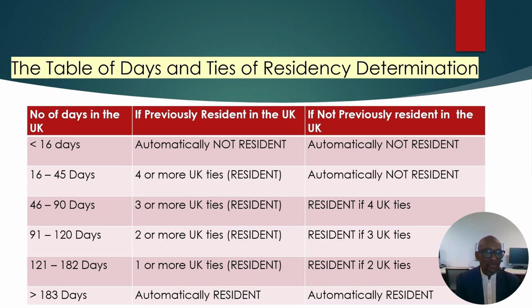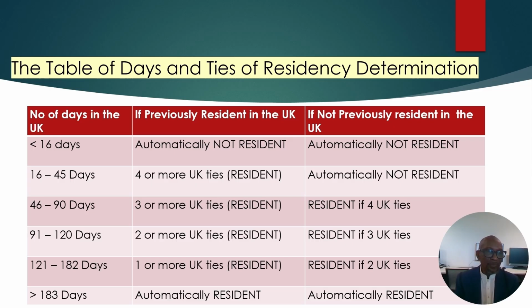46 days to 90 days. If you are previously resident in UK, you need at least 3 or more ties with this particular number of days to be resident in UK. But if you are previously not resident in UK, you need at least 4 ties to make you resident.